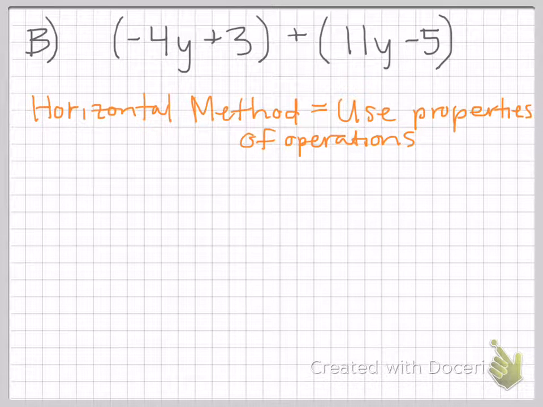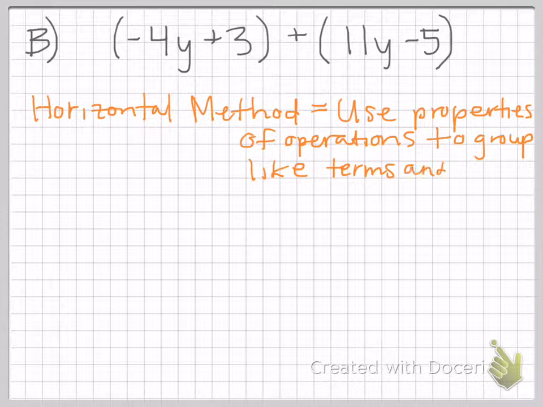Use properties of operations to group like terms and simplify. This is the one we are used to. We've been doing it for some time. My marker is kind of going crazy. Okay, so this one is just doing it straight across.